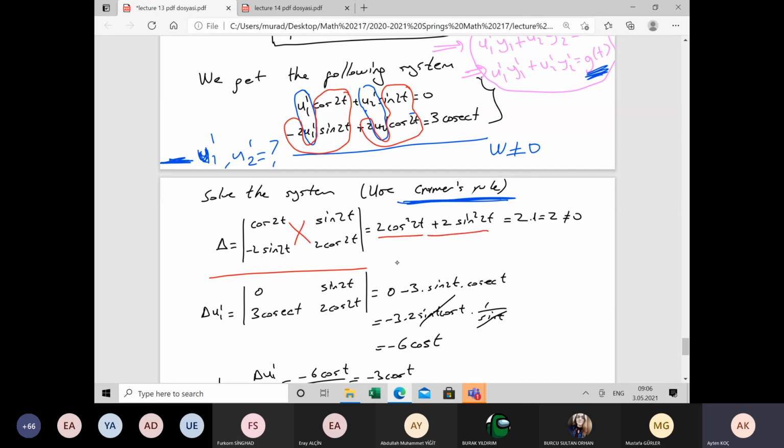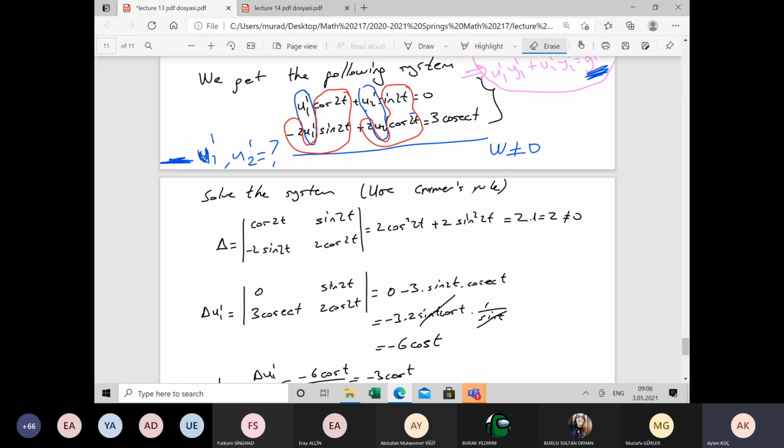We know sine square plus cosine square is 1, so 2 times 1. So we obtain 2, non-zero, because this is the Wronskian determinant. It should be non-zero. If we get 0 here, there's a problem, so check all the computation.